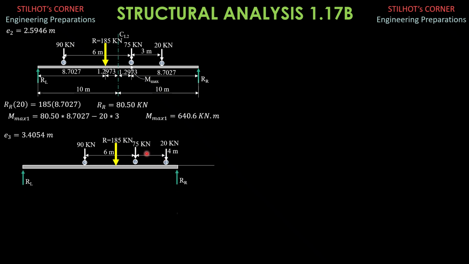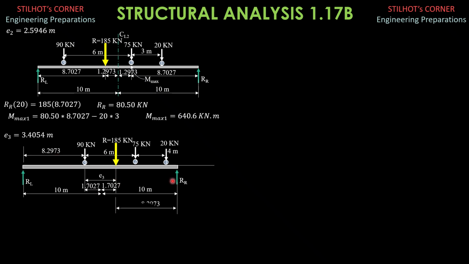So this is 3 meters, remember. So 10, that's the E3 center line, and half of 3.4054 is 1.7027 meters. Therefore, this is 10 minus 1.7027, so 8.2973. The distance of the resultant from the right is also the same, 8.2973 meters.